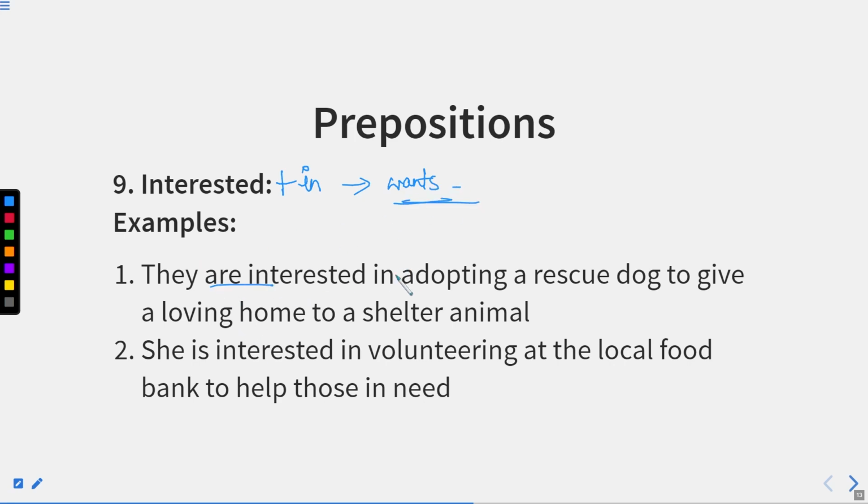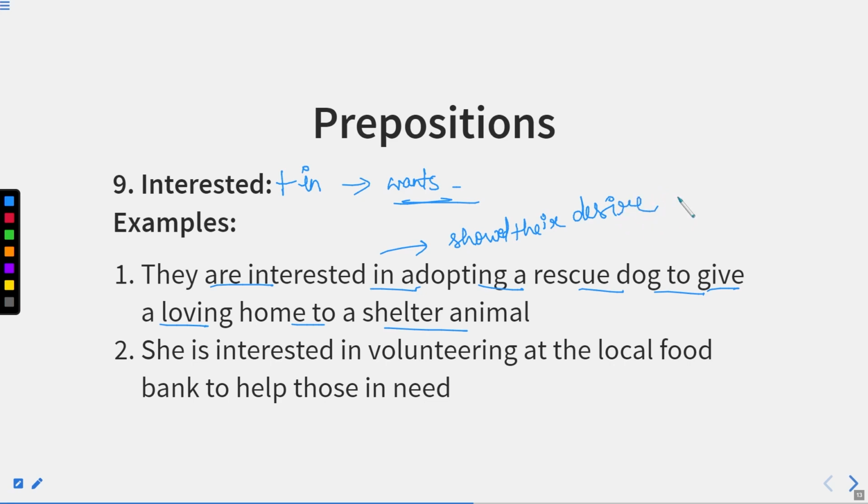So they are interested in adopting a rescue dog to give a loving home to a shelter animal. So interested in means they show their desire, in adopting a rescue dog.